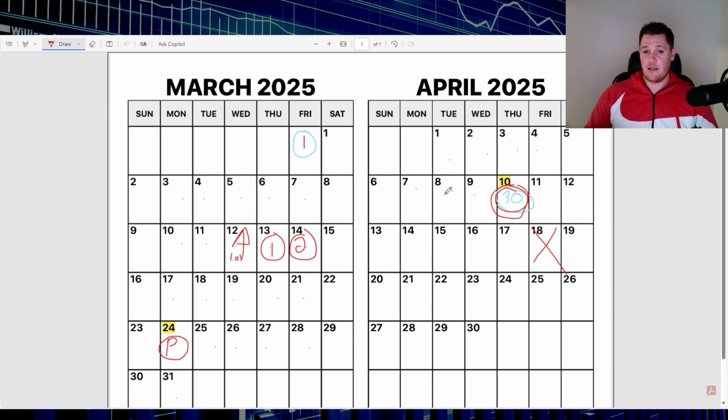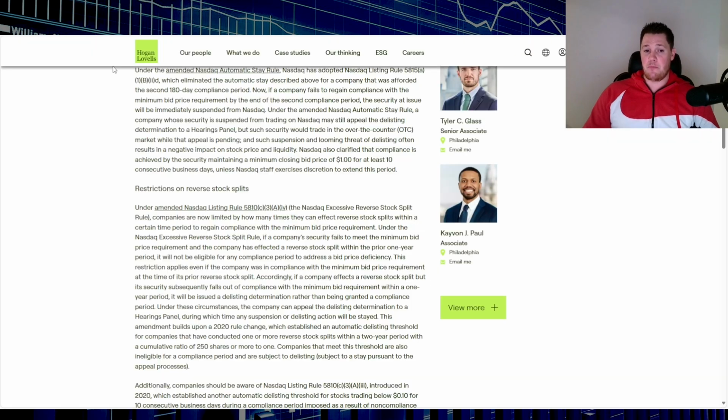So you can use your calculation, day number 1, day number 2, and so on, to calculate day number 30. They need to do a reverse stock split prior to that date. So just so you have a little bit of awareness of everything and some timelines that you can plan and adjust, I'm reconfirming this based on the new Nasdaq rulings.